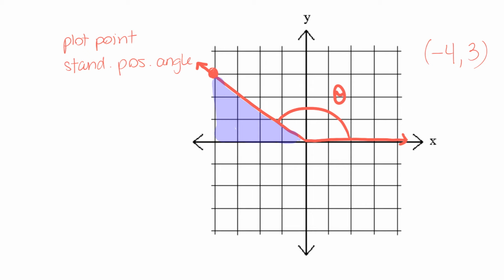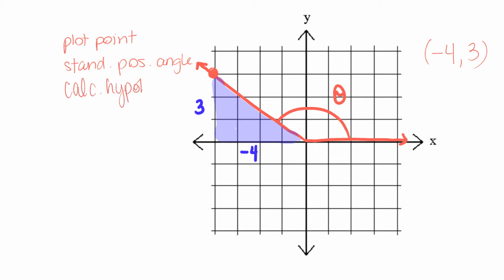Now let's label what we know about our triangle. What is the base of our triangle? Well, it's -4, and the height is 3. So now we need to calculate our hypotenuse.